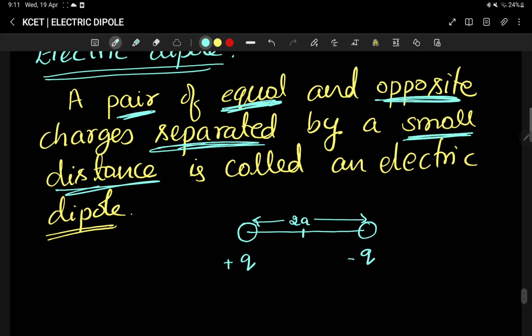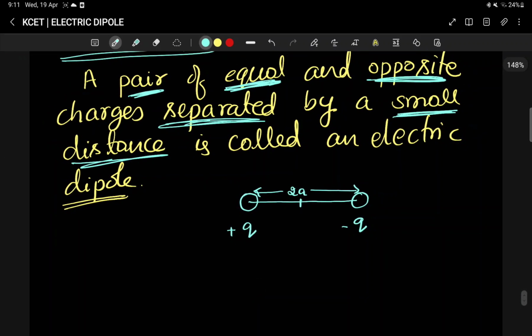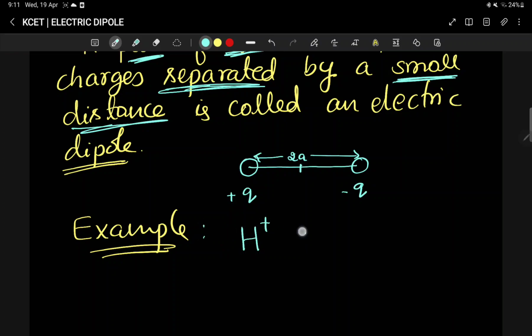A pair of equal and opposite charges separated by a small distance is called an electric dipole. Sir, give me an example. Let me give an example here. For example, I can give HCl, H plus Cl minus. Those two atoms are separated by small distance.